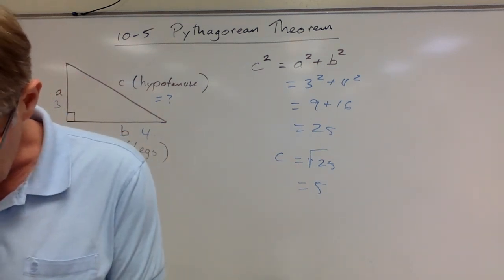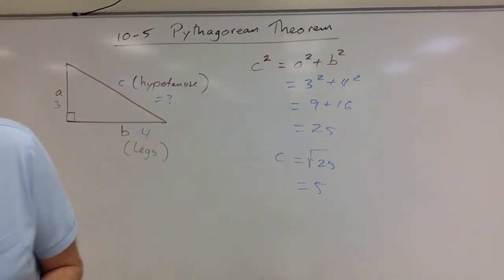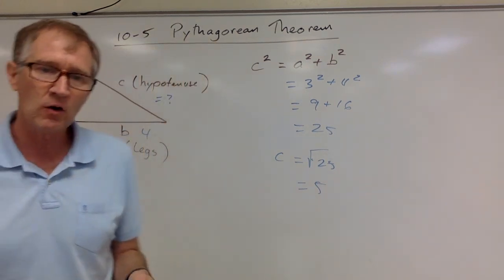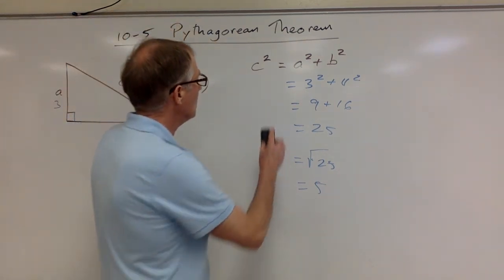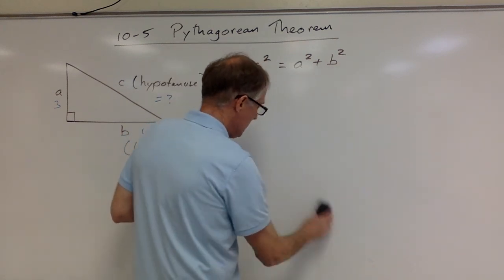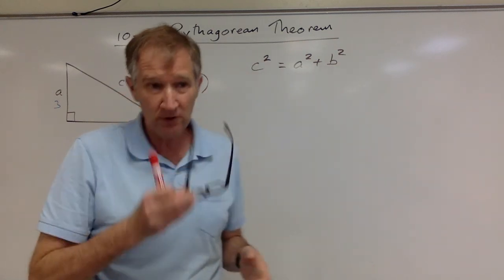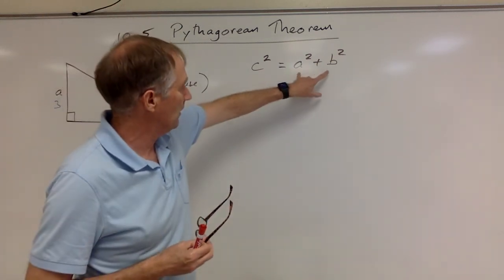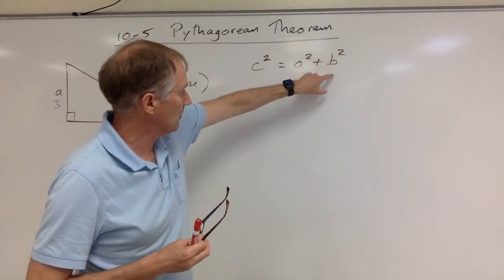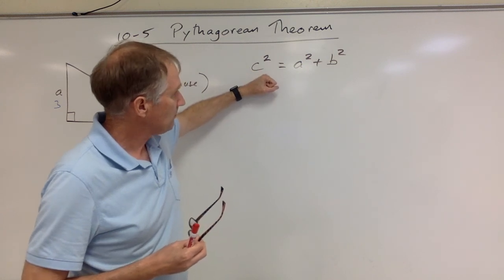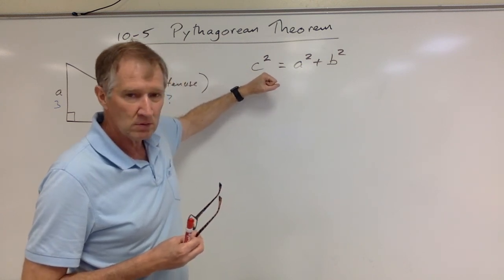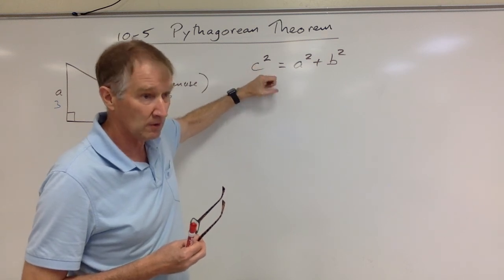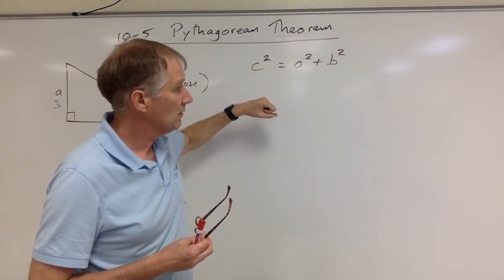The last thing in this section is called the converse. That's just for proving whether or not, if you're given the lengths of a triangle, it's a right triangle. So if, when you square each leg and sum them up, they equal the square of the hypotenuse, the longest side, then it's a right triangle.